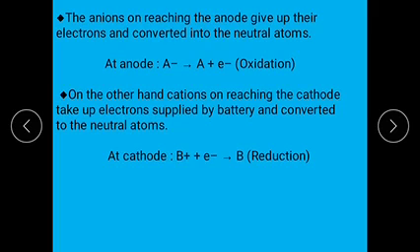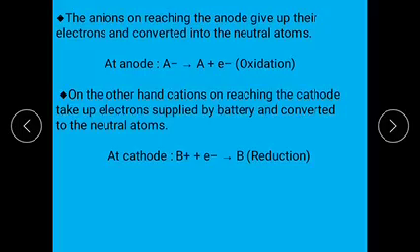On the other hand, the cations reaching the cathode take up the electrons supplied by the battery and are converted to neutral atoms. That is, B plus, when it takes an electron, is reduced to B. It means oxidation reactions take place at the anode and reduction reactions take place at the cathode.